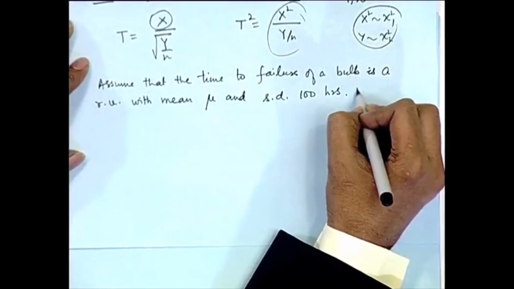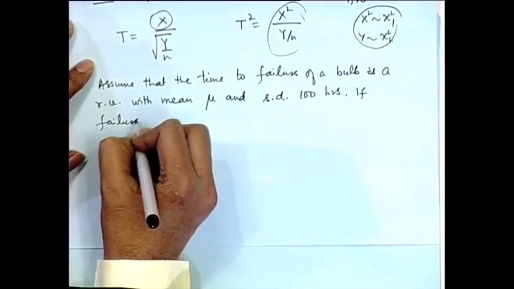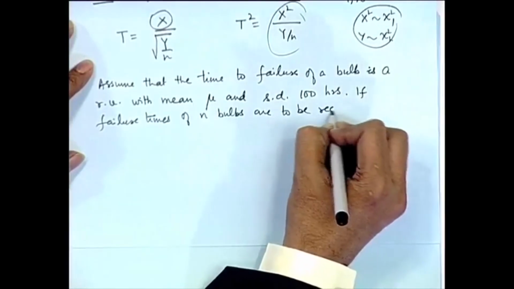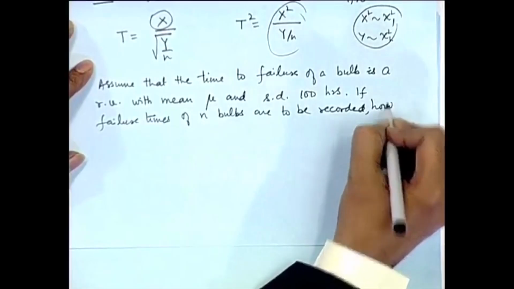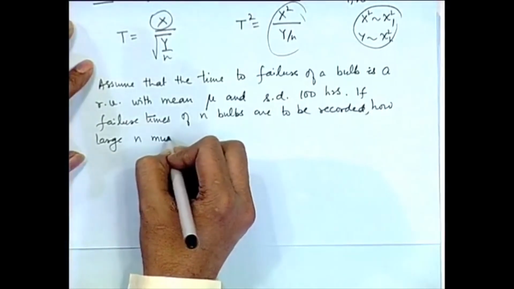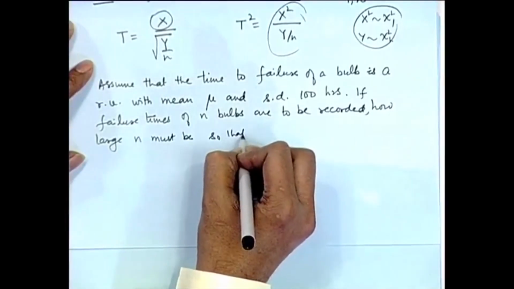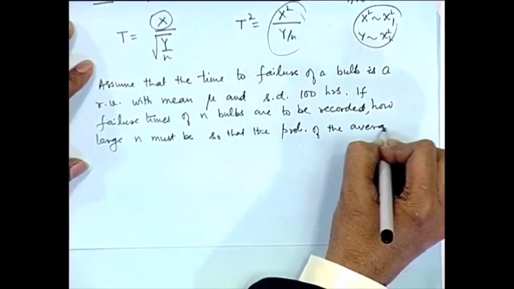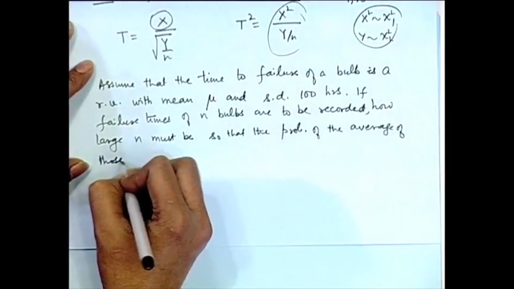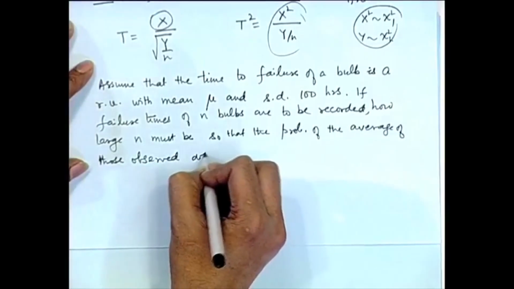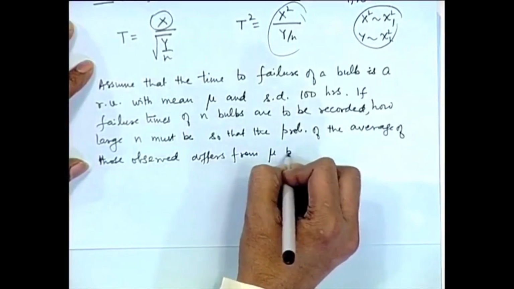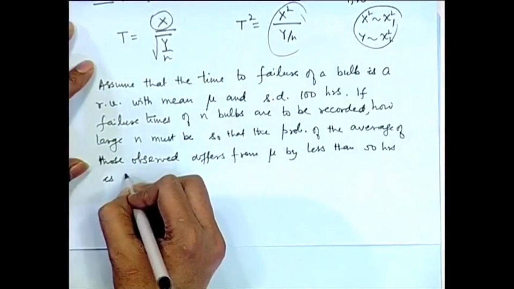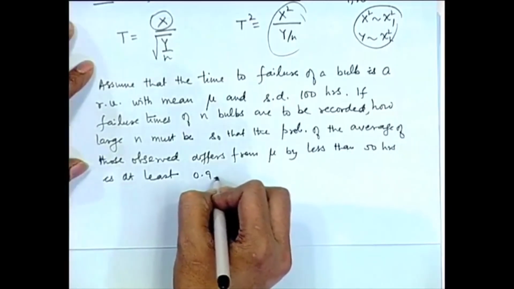If failure times of n bulbs are to be recorded, how large must n be so that the probability of the average of those observed differing from mu by less than 50 hours is at least 0.95.